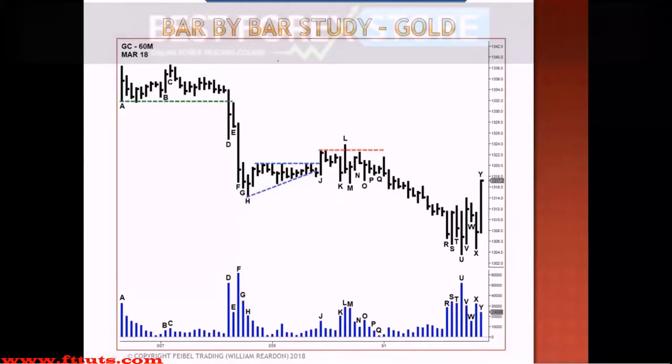There is another principle of vital importance, which is here. We have this new support line drawn in and this grey area. This grey area highlights all this price action and all this volume.